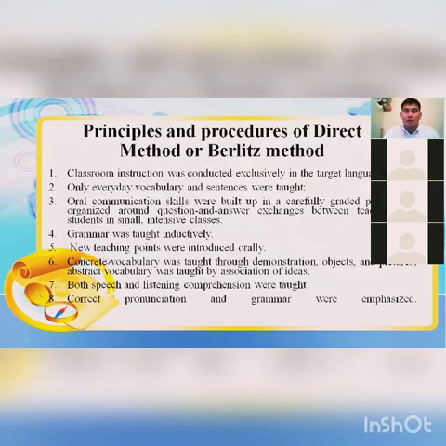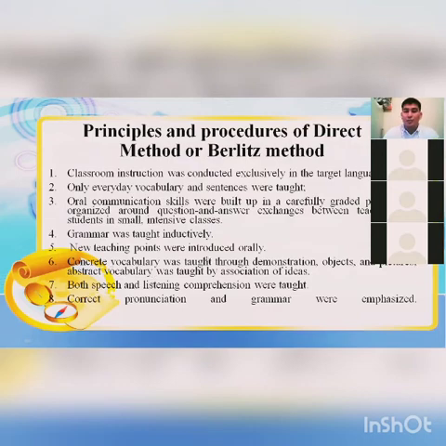New teaching points were introduced orally. The same was in the first point here. A concrete vocabulary was taught through demonstration, as we have mentioned before. Objects and pictures. Abstract vocabulary was taught by association of ideas. So here we have two kinds of vocabulary, right?